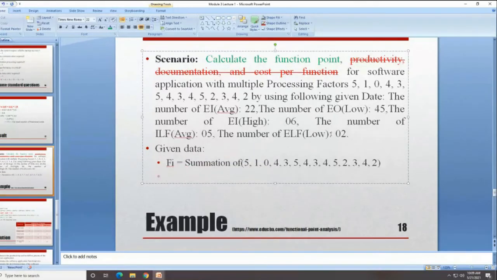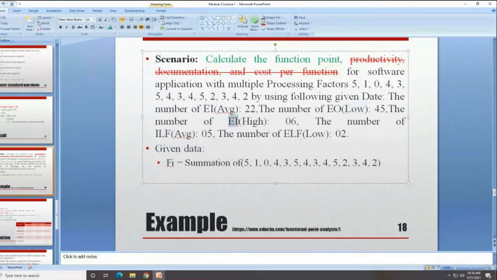Then what else have they given? All the values of external input. That is, 22 external inputs are there, having average complexity, right? So all these are given data. And external output, what is the number of external output? 45 are there. What is the complexity? Complexity level is low. Okay.